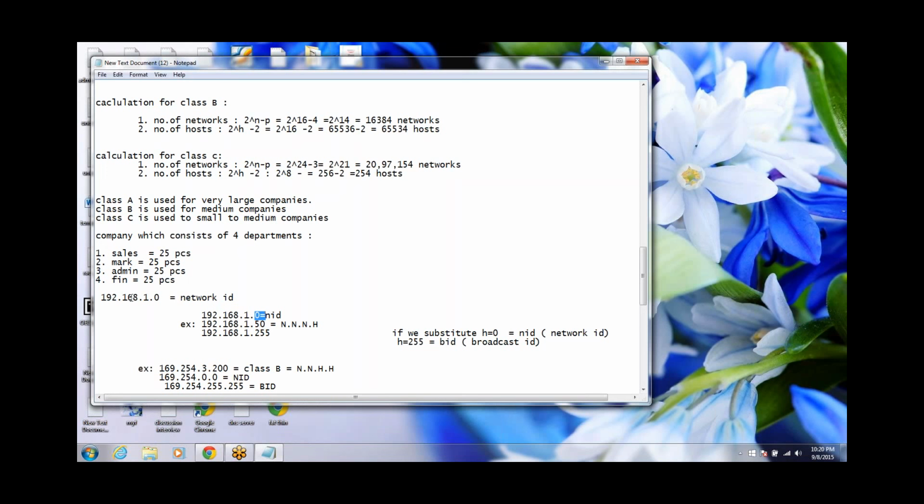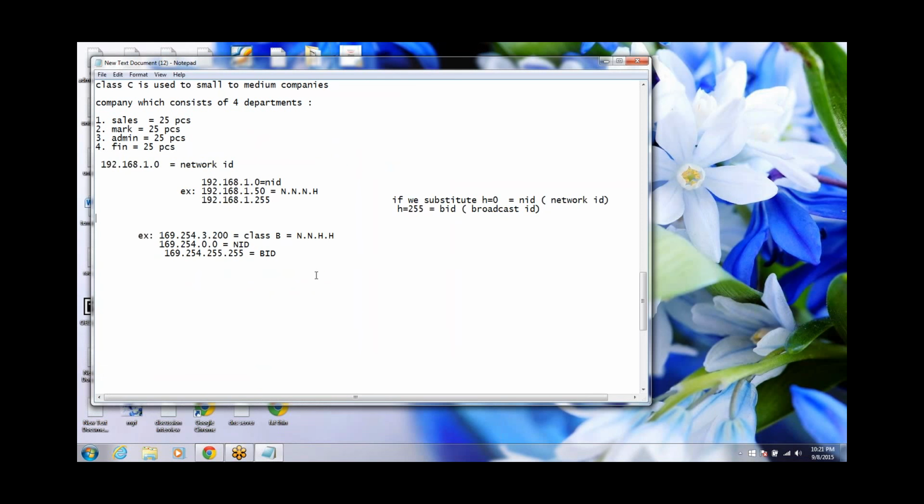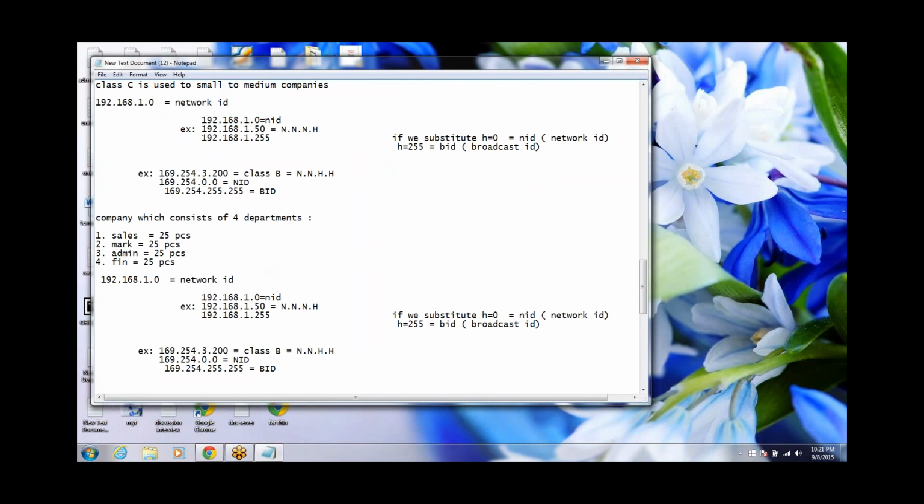Based on this example, suppose they provided me with 100 systems. To all these 100 systems I need to assign an IP address, and the network ID given is 192.168.1.0.